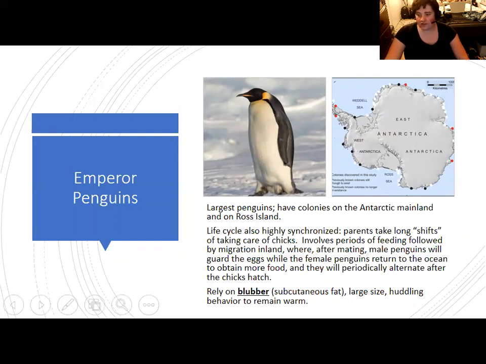So their life cycle also ends up being highly synchronized. And their large size is ultimately an adaptation to help them survive overwintering in Antarctica. The large size, the huddling behavior, the subcutaneous fat all help keep them alive.